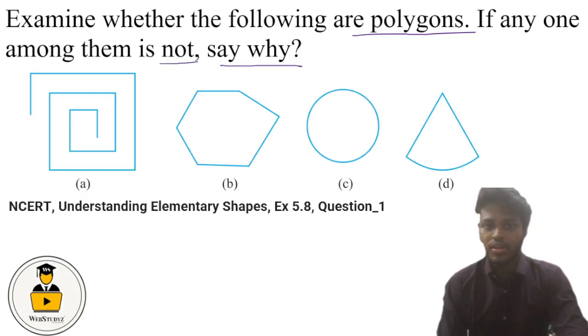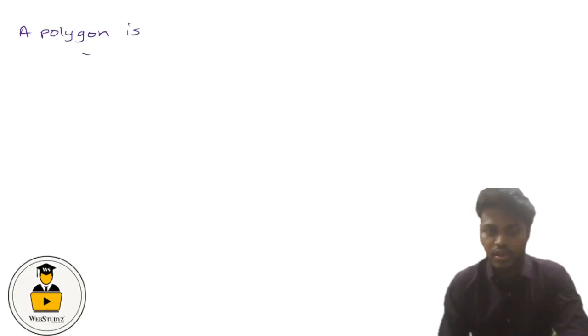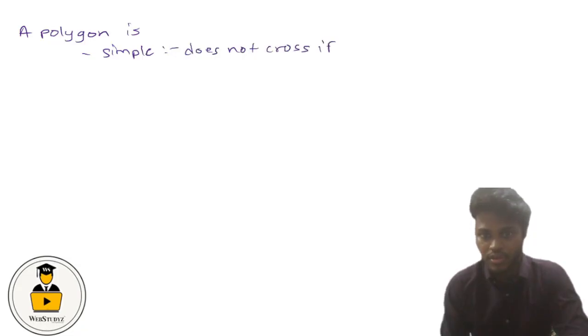So let us first understand the conditions that are required for a figure to be called a polygon. We can write that a polygon should satisfy three conditions. First, it should be simple, that means it does not cross itself. So the figure should not cross itself.